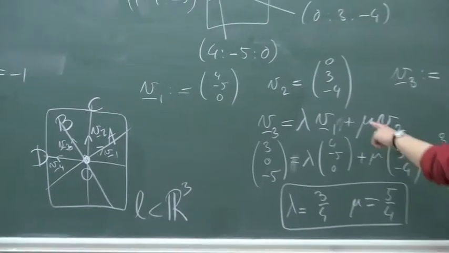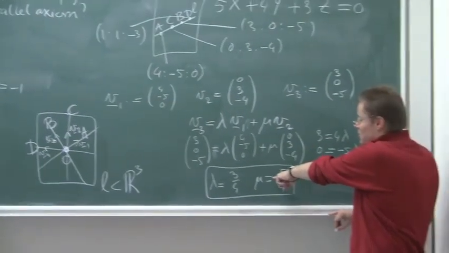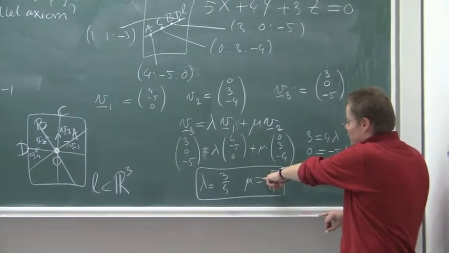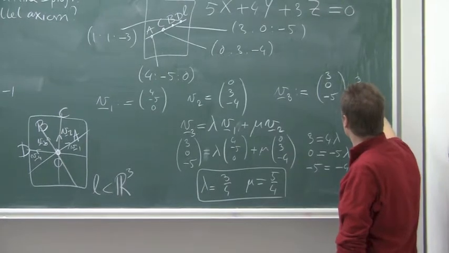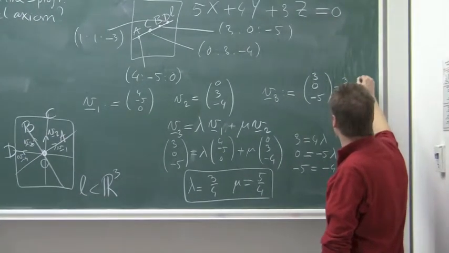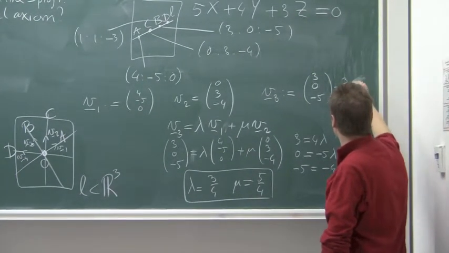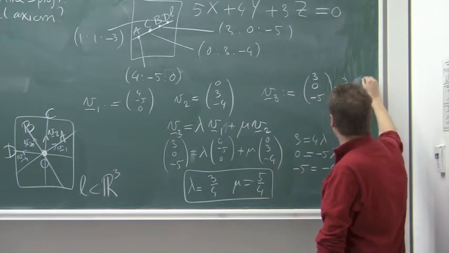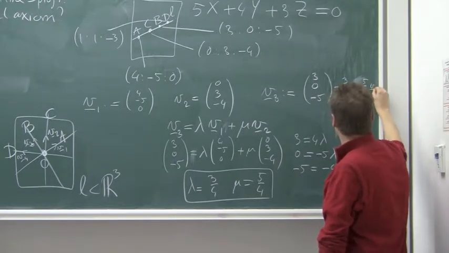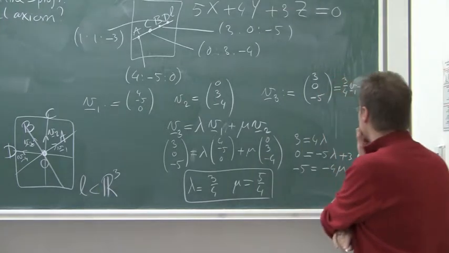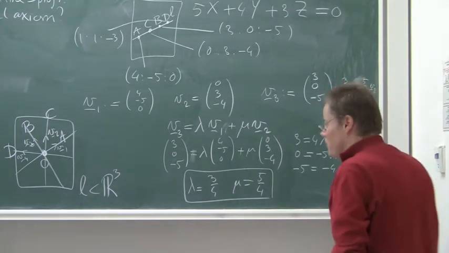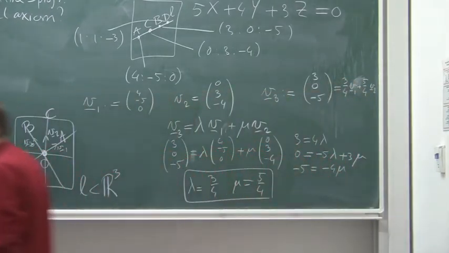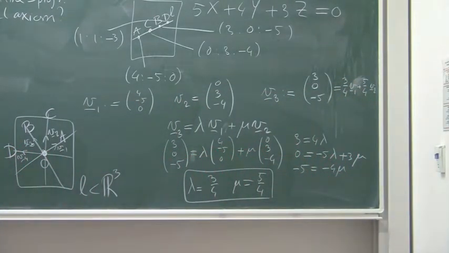We have now expressed v3 in terms of v1 and v2, so I'll write the answer here. Oh, sorry, v1 plus. Yeah, this is correct? Okay. When we've done that, I can erase this for the next computation here. You don't need the computation, you only need the result.